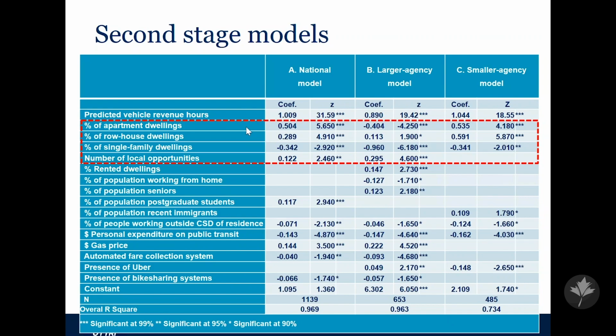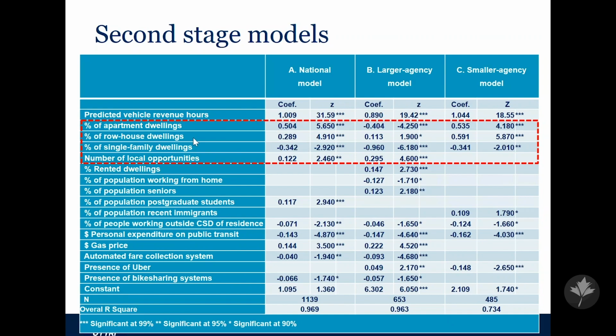It creates a more conducive environment for higher ridership. The model tells us at the national level that a 10% increase in the percent of apartment dwellings would result in about a 5% increase in ridership.